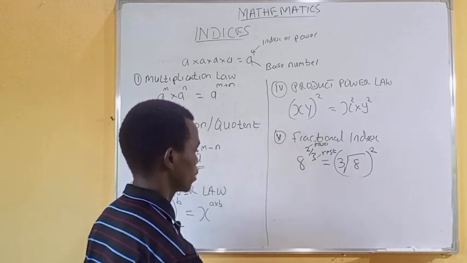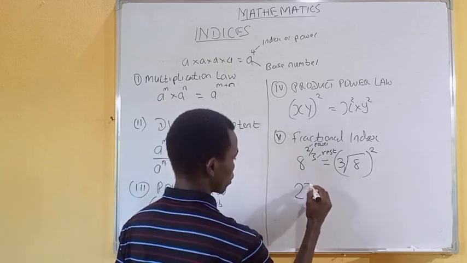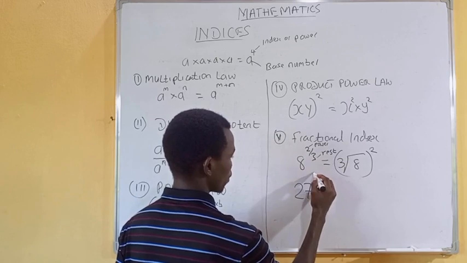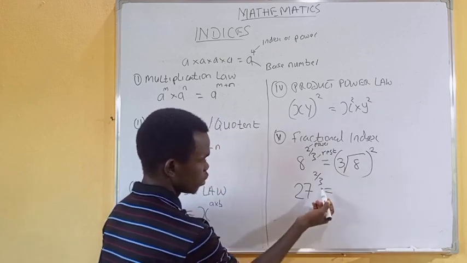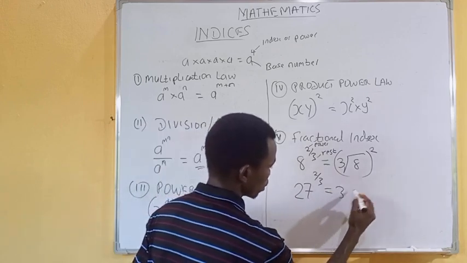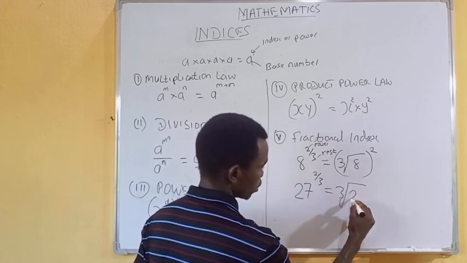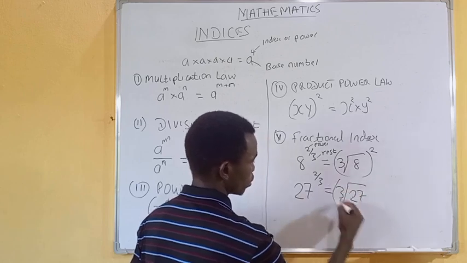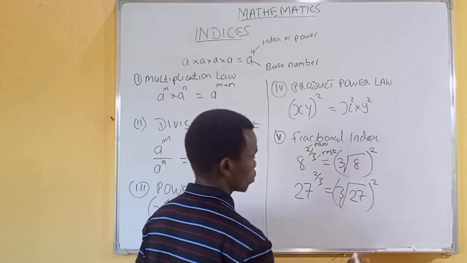Let's use another example. If I should have 27 raised to power 2 over 3, the denominator, which is the root, of the base raised to power the numerator, which is 2.